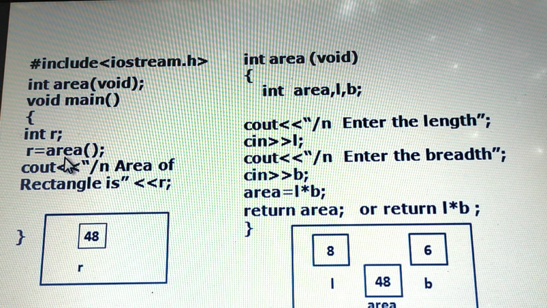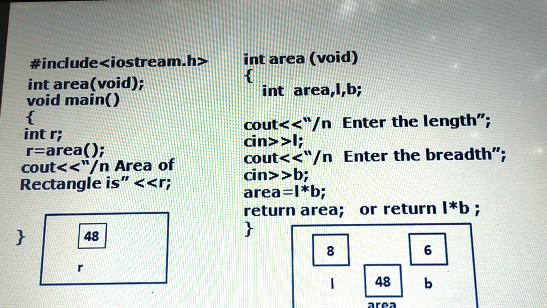Then when control reaches the calling section, first the compiler will check where the declaration section is, and the function definition starts. It will check both definition and declaration: whether the return type matches, whether the function name matches, whether any argument or parameter list is there, and whether the number and order of parameters are the same.